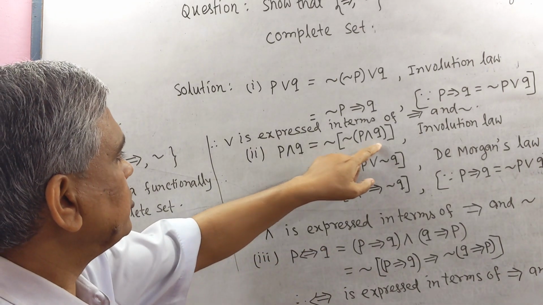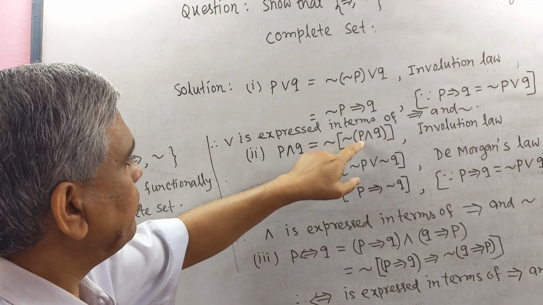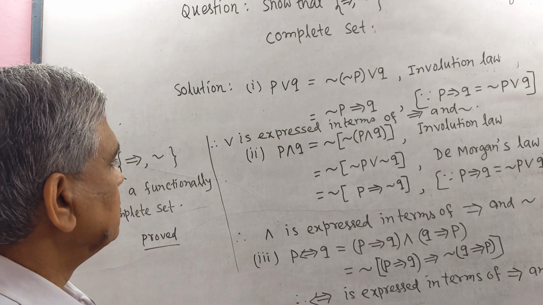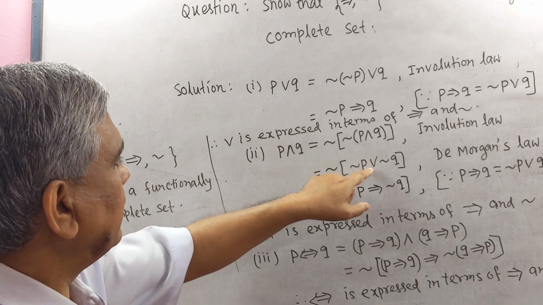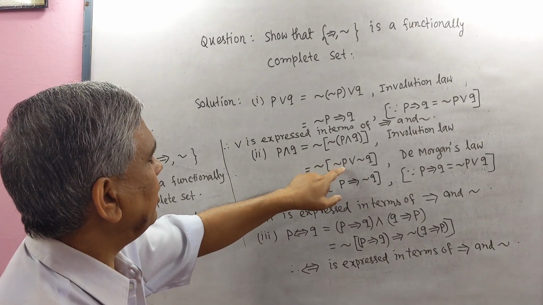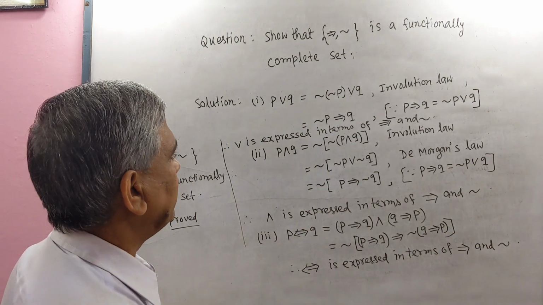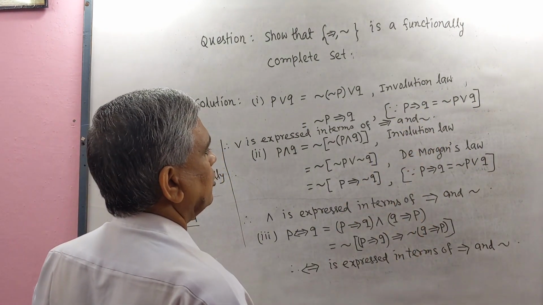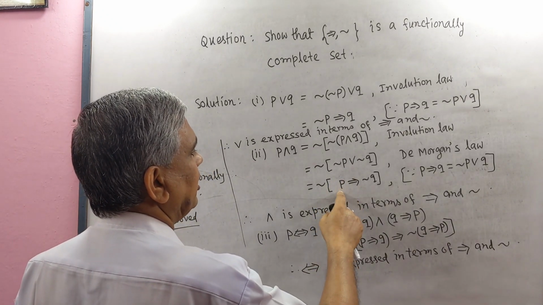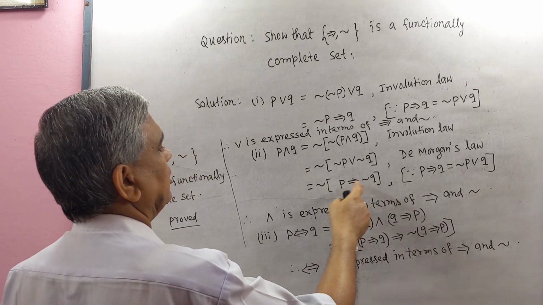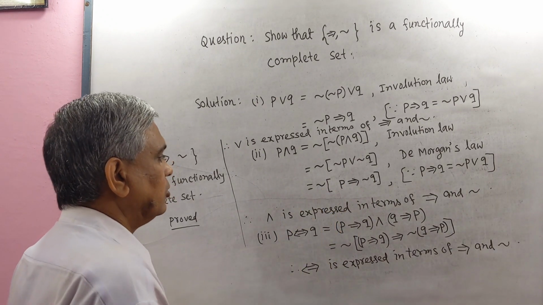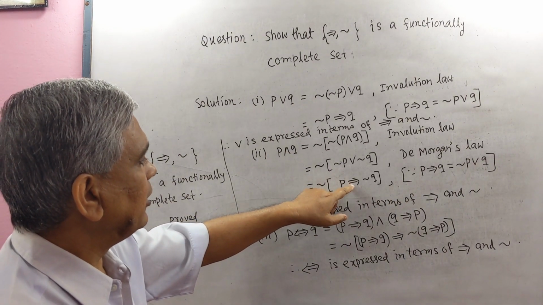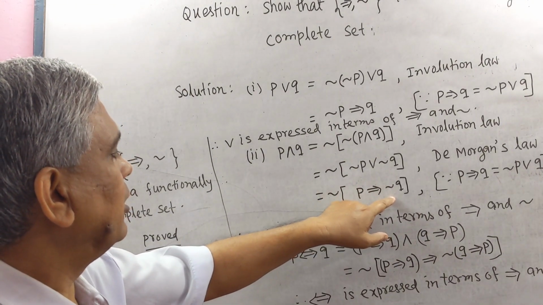Now we use De Morgan's law: negation of negation P disjunction negation Q. Negation P disjunction Q means P implication Q, so here will be negation of P implication negation Q. Here negation is outside. So conjunction is expressed in terms of implication and negation only, two connectives.